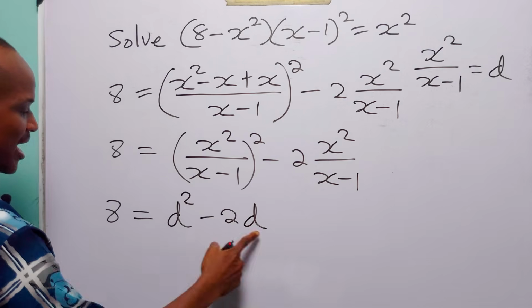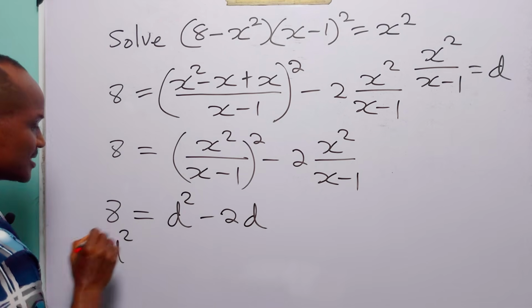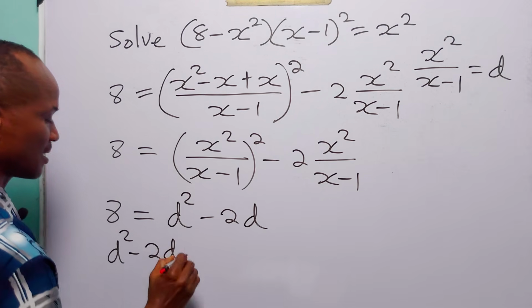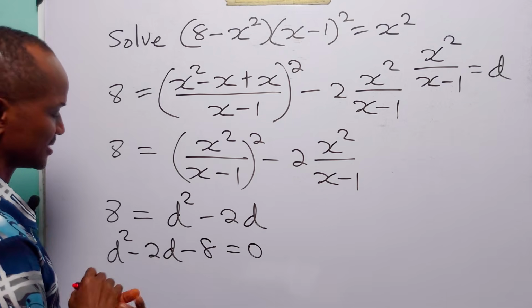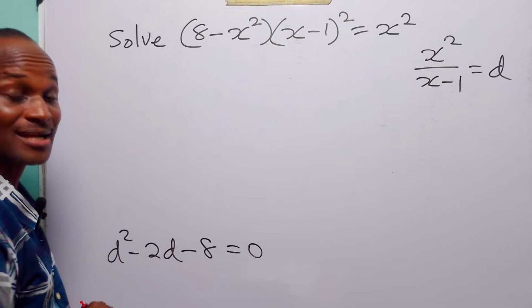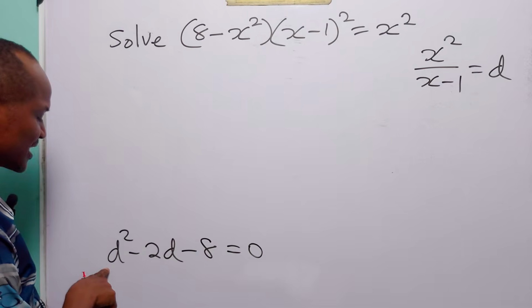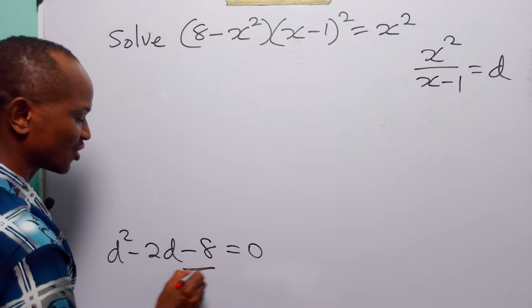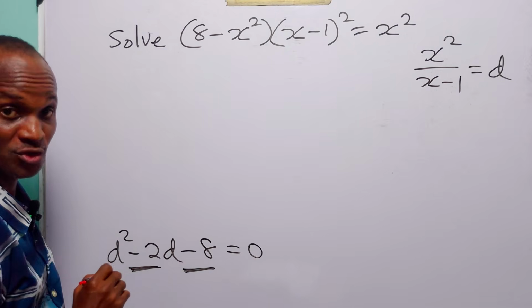And of course, when we rearrange this quadratic equation, we have that d² - 2d - 8 is equal to 0. Now we can solve this quadratic equation by factorization. Since the coefficient of d² is 1, all we need to do is to find the factors of -8 that add up to -2.